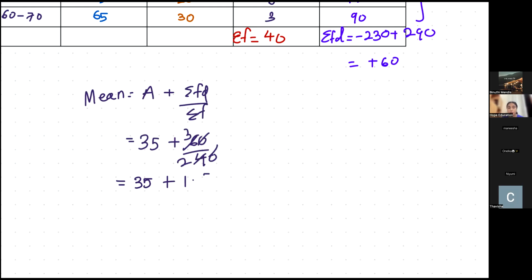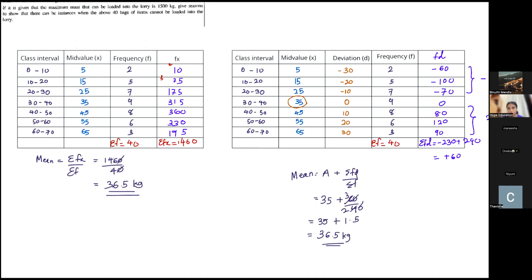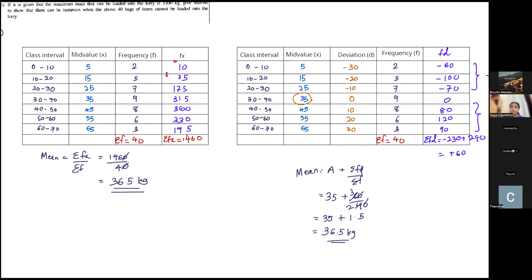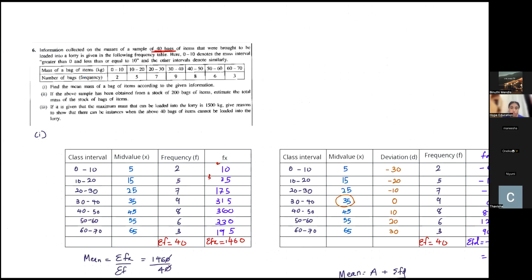So 35 plus 1.5 is 36.5 kg. That is the mean mass by the assumed mean method. With the normal method we also got 36.5. Whichever method you choose is up to you, because the question doesn't say which method to use. So you can use either of the methods.